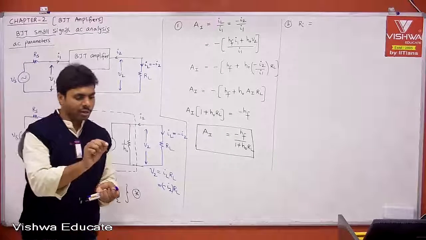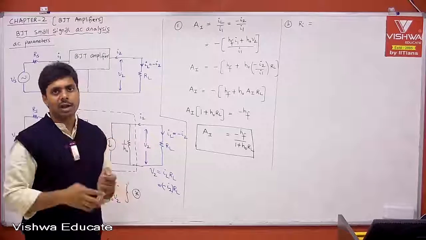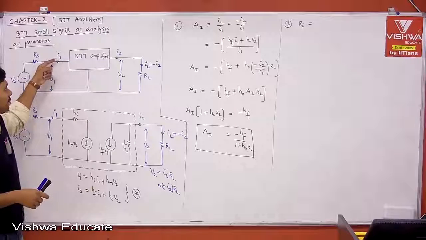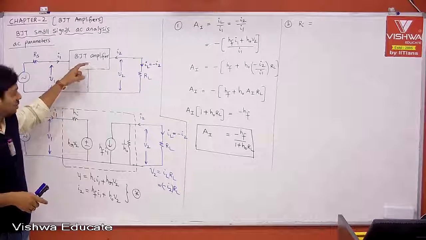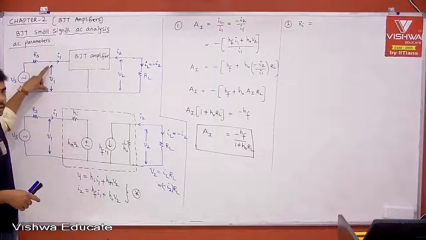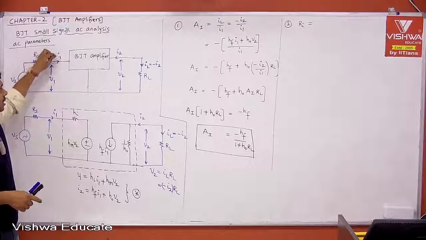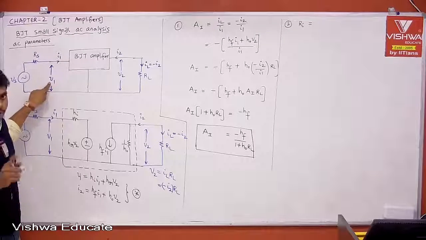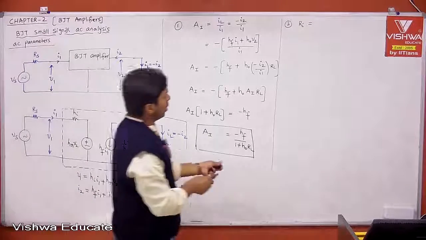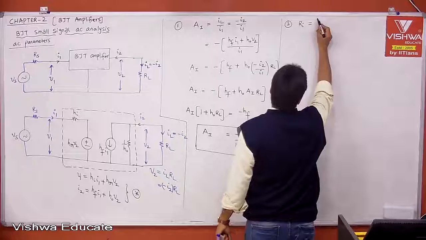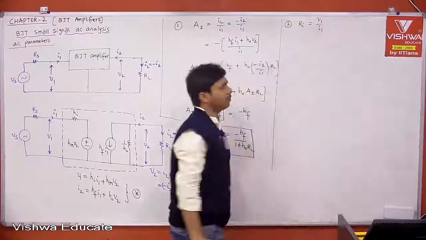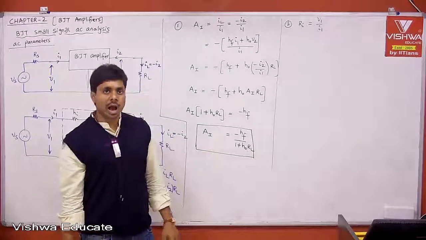But remember, the I1 is only due to the voltage you are applying here. That is very important. Therefore, the definition: Ri is nothing but V1 divided by I1.